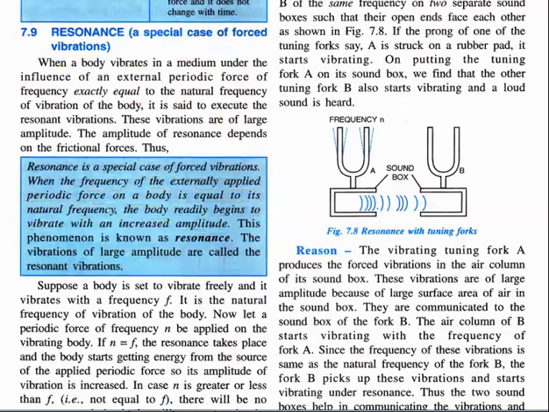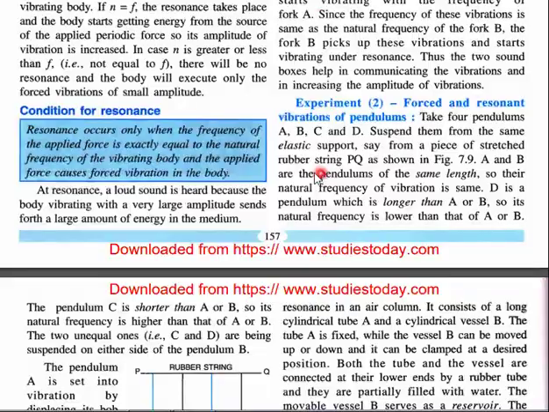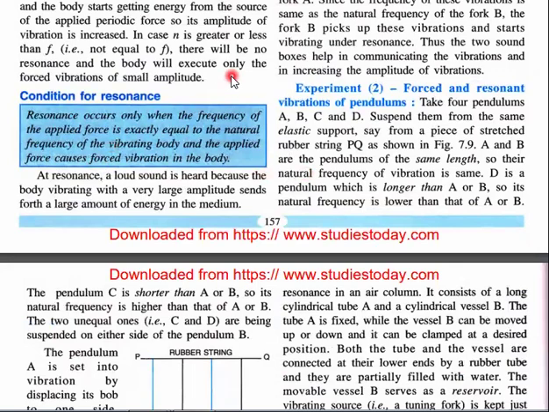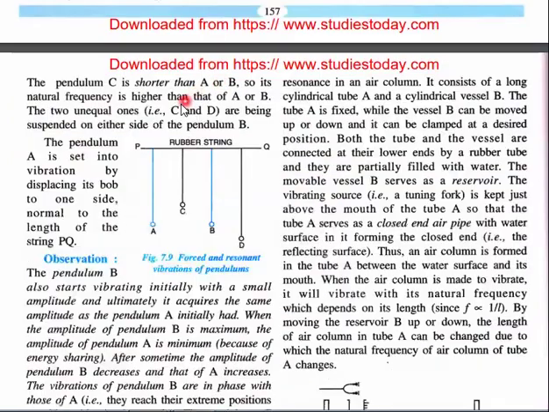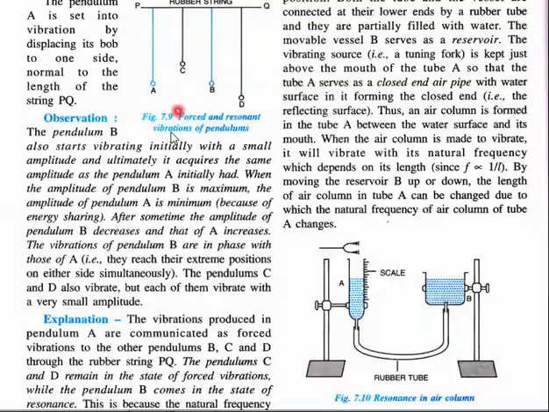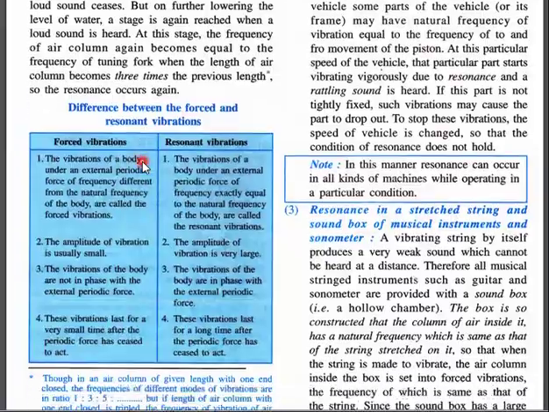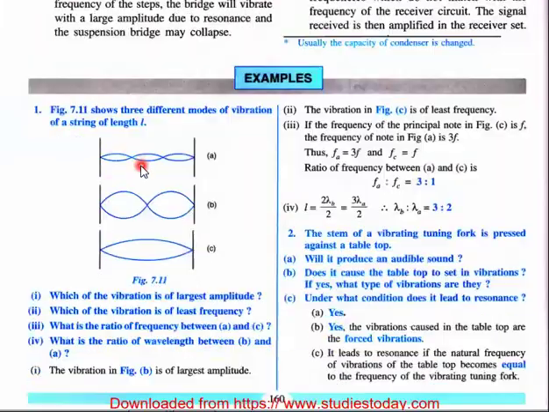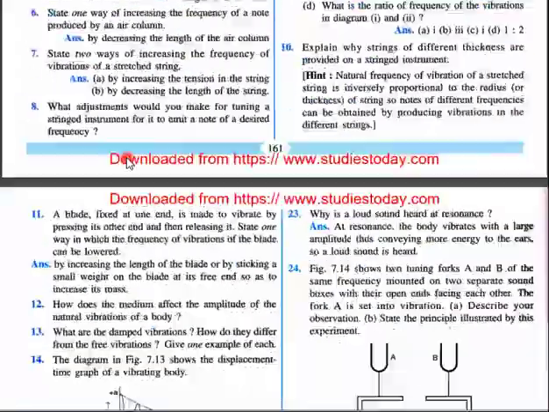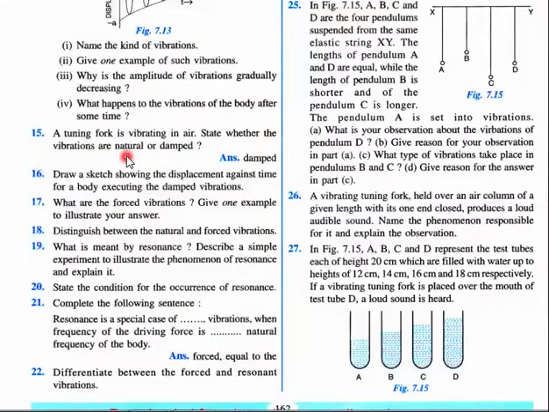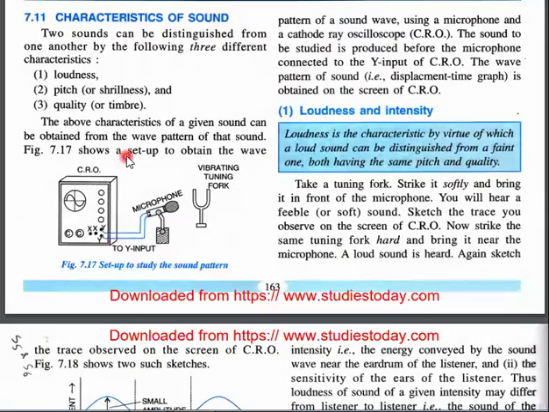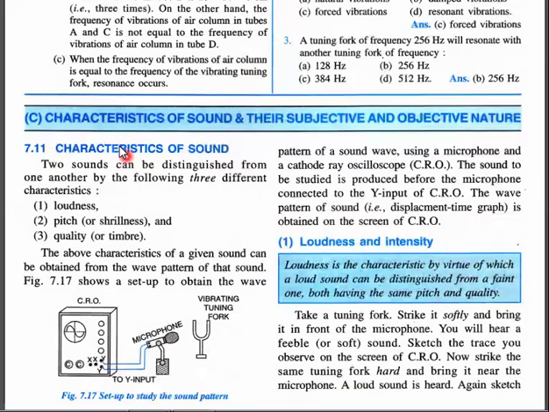So then we'll go to the next page. Conditions are also important. Just go through it, and these are some of the example experiments which they did for us. Just also go through it. It's fun. And we'll go to the characteristics of sound and their subjective and objective nature.